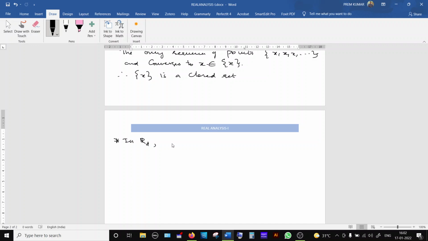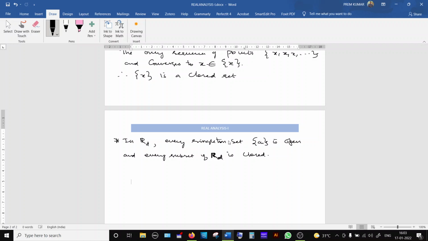In R^d, every singleton set, say A, is open, and we have also proved that every subset of R^d is closed. Already we discussed these results.